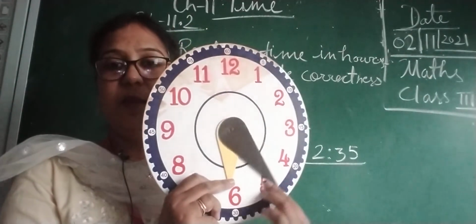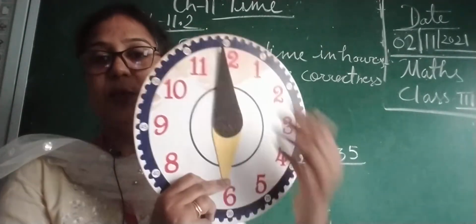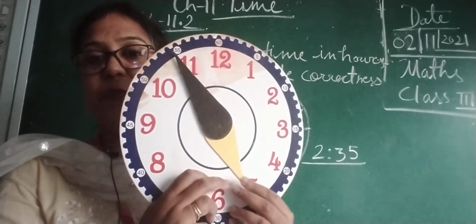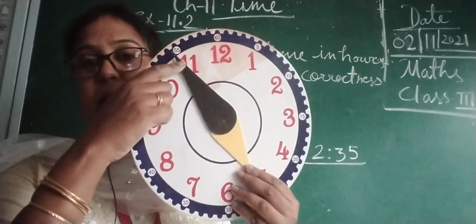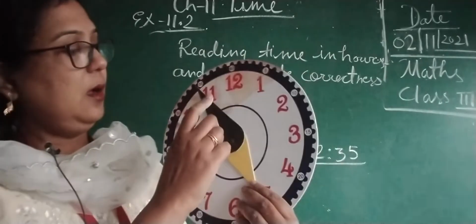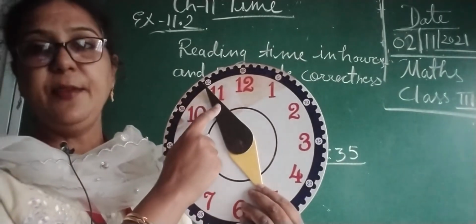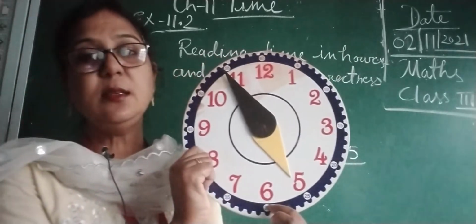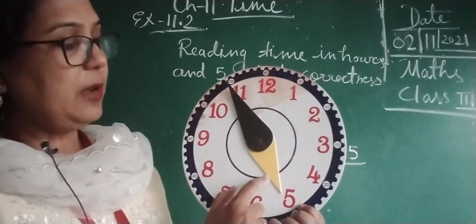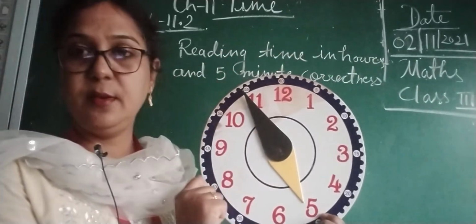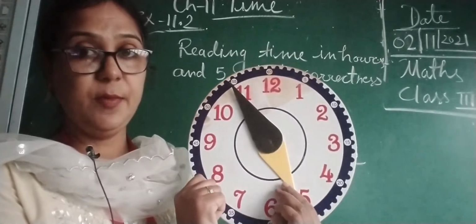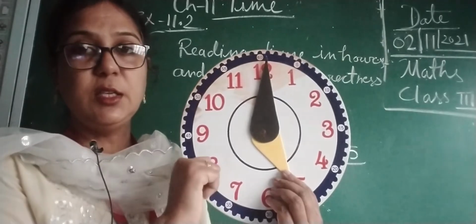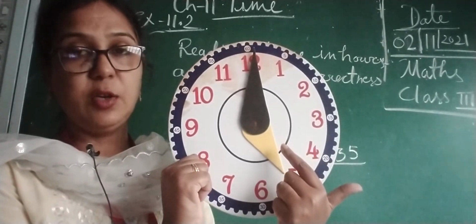Now again we will revise this. So suppose your hour hand is at 5 and your minute hand is at 11, so we will consider it as 4:55 because 5 minutes are left to become 5. Now if it is 12, so here it is 5 o'clock sharp.